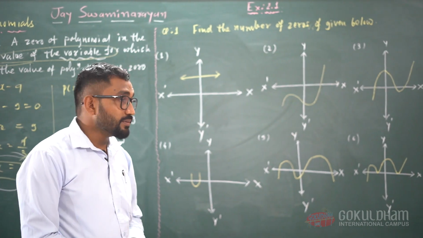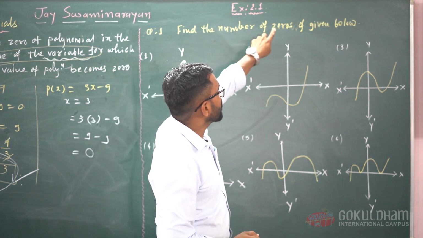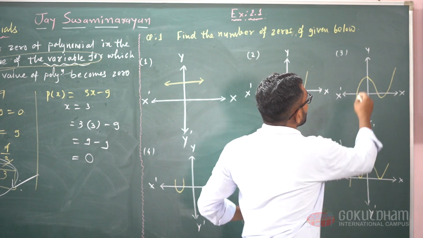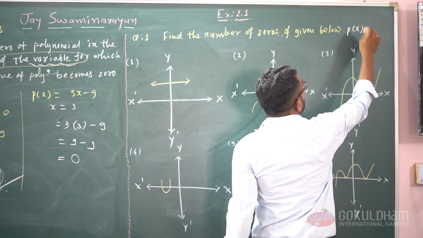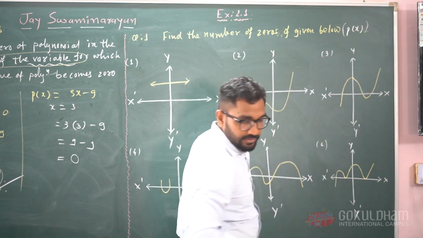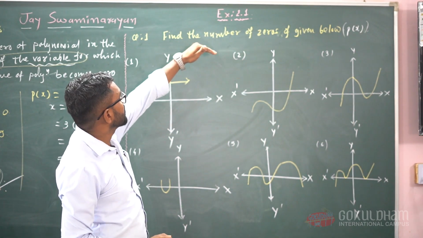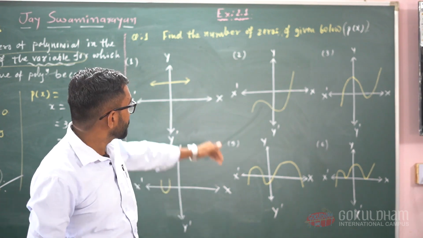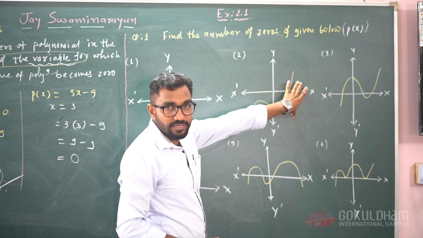Okay, now we will discuss exercise 2.1. In 2.1 we find the number of zeros of the polynomial p of x given below. So how to find the zeros of polynomials? This is the graphical representation of polynomials.